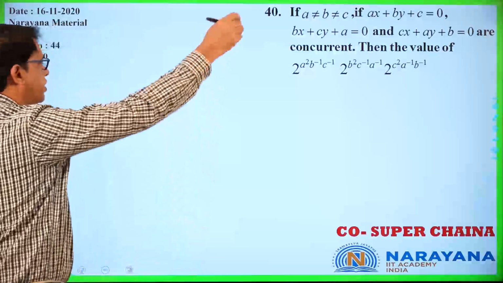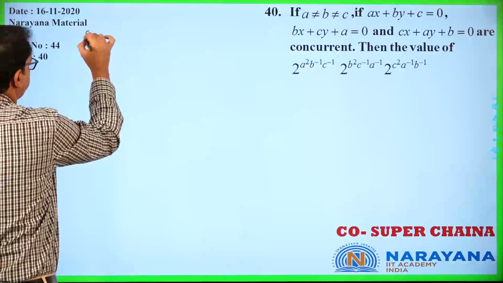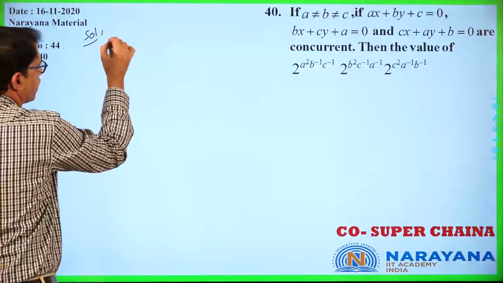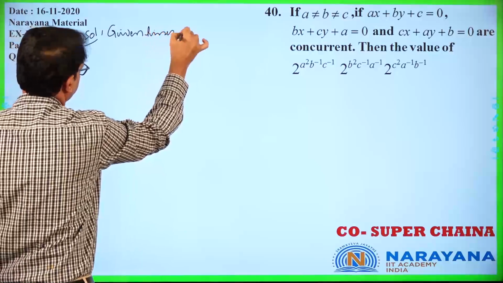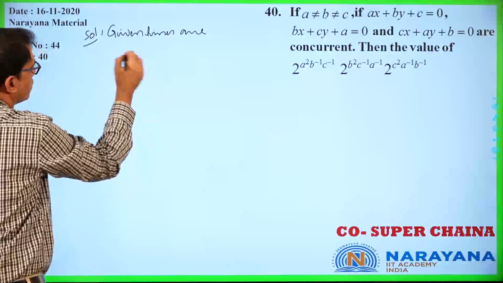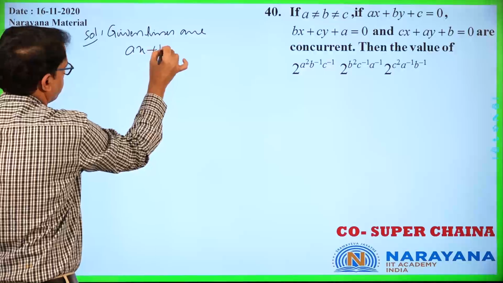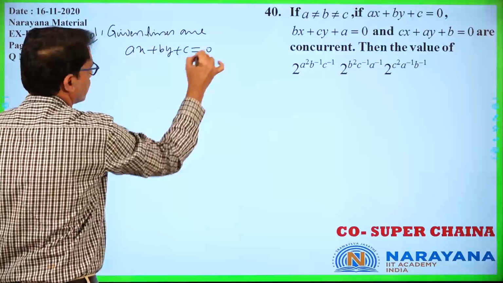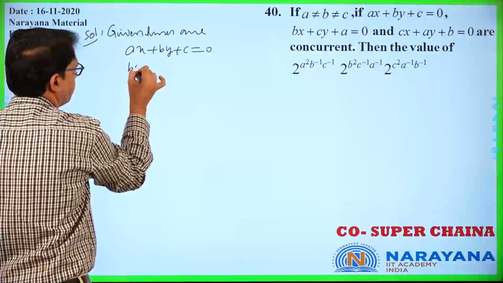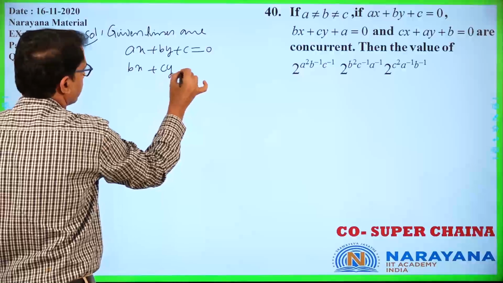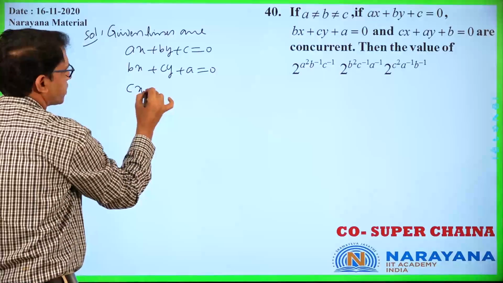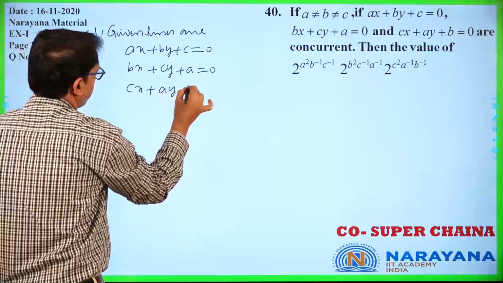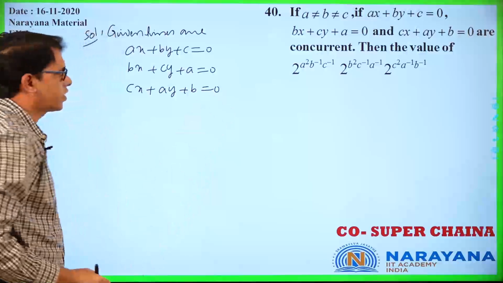Let us apply that condition. The given lines are ax plus by plus c equals 0, bx plus cy plus a equals 0, and cx plus ay plus b equals 0.